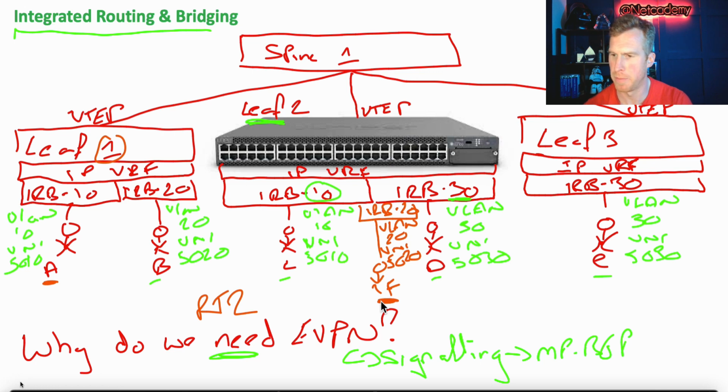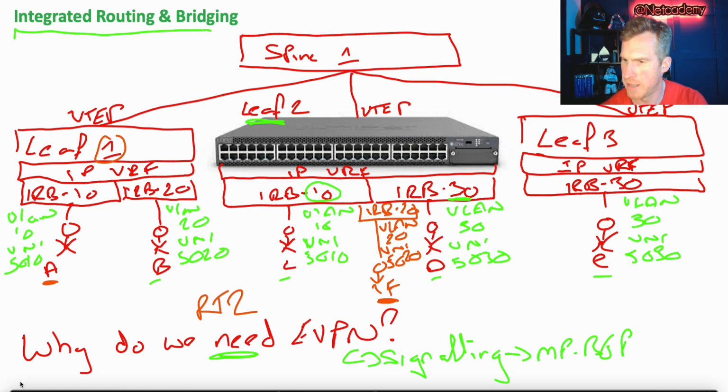How would this work? Because leaf 1 has the virtual network identifier 5020 configured on its own device, and it's got that IRB interface associated to it, something happens here where we start going into the asymmetric routing model.